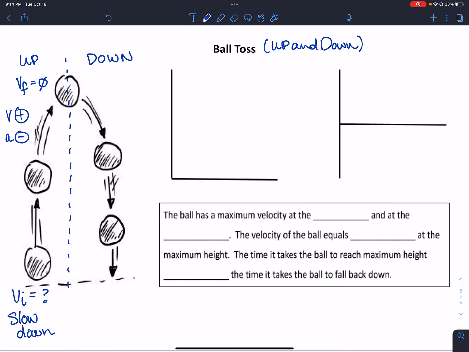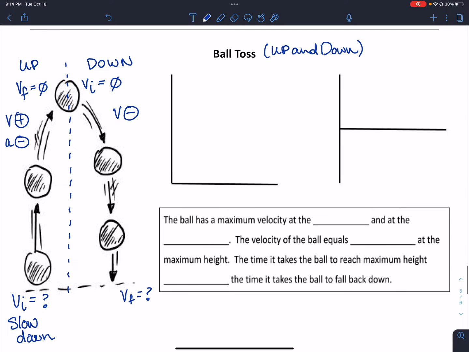Once it reaches maximum height, it changes direction and starts to fall back down to the earth. So on that half, the initial velocity is zero and the final velocity is some value. On this side, our velocity values are negative because the object's moving down, and the acceleration value is also negative because gravity is always negative. So in this case, they work together and the object should speed up.